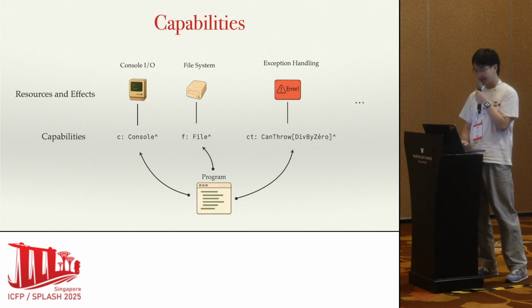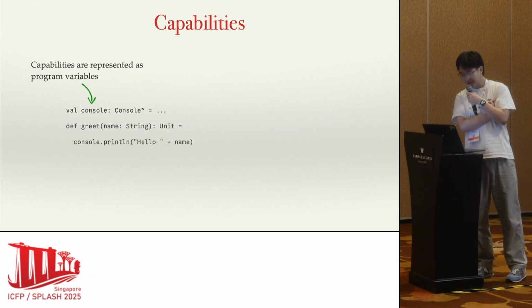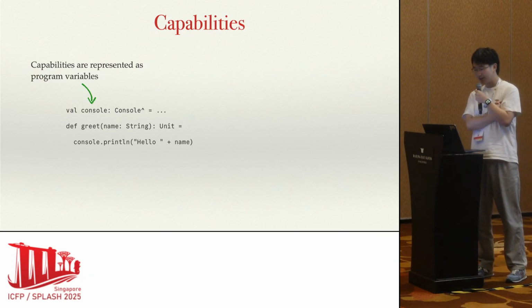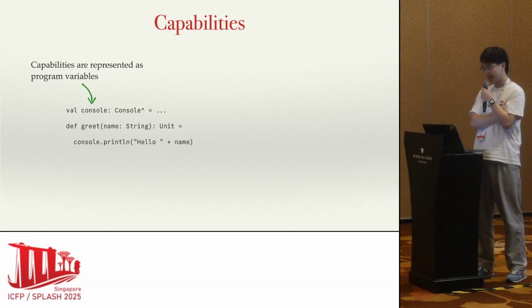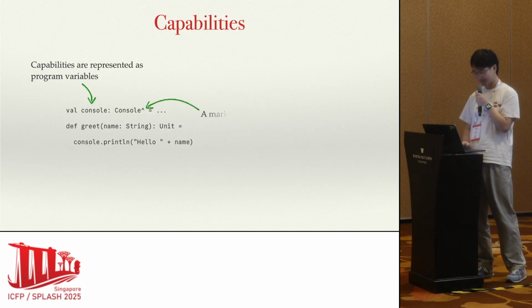And these capabilities are represented as program variables. So for instance, in this program, we assume we have a console capability at hand, and here the caret marks the capability to be tracked by our system, and we can write a greet function that prints a greeting to someone to the console.